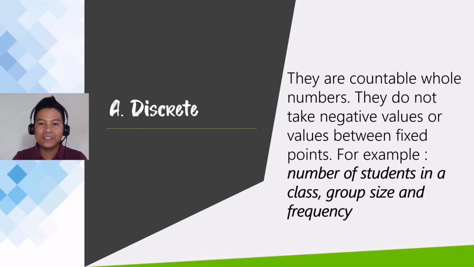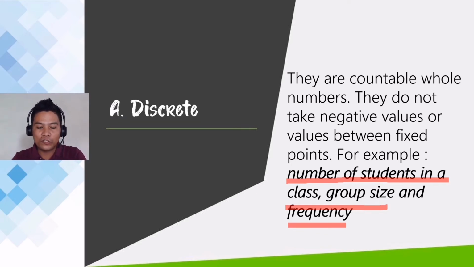They do not take negative values or values between fixed points. For example, number of students in a class, group size, and frequency. If someone asks how many students are in TVL, you cannot report and say 44.5 students or 44 and a half students.